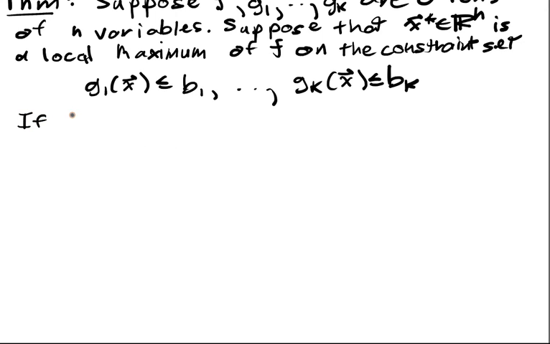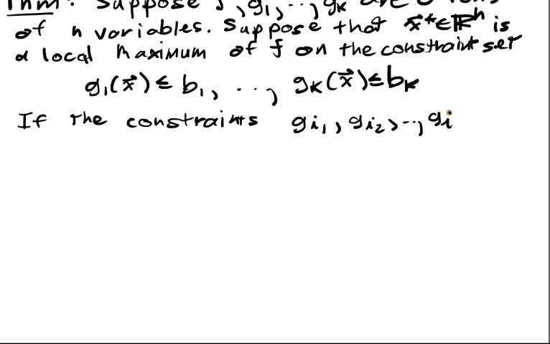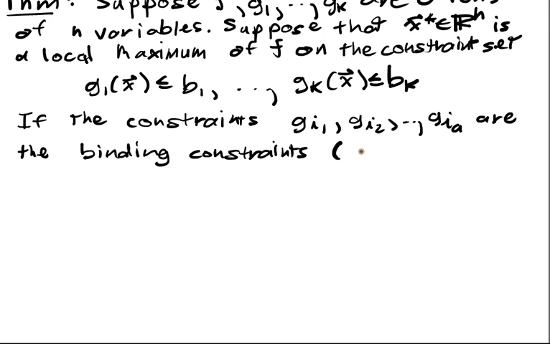Well, if the constraints gi1, gi2 up to ga are the binding constraints, that is gi1 of x star is actually equal to bi1, and that holds for all the indices up to ia.